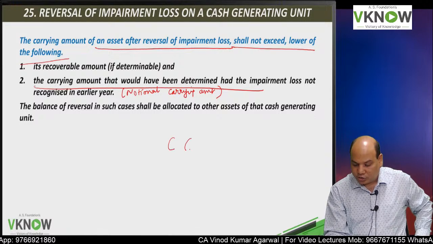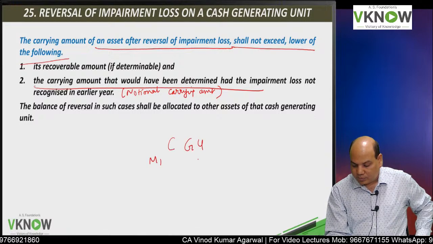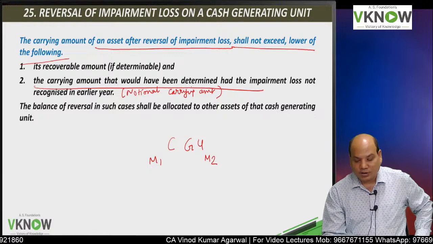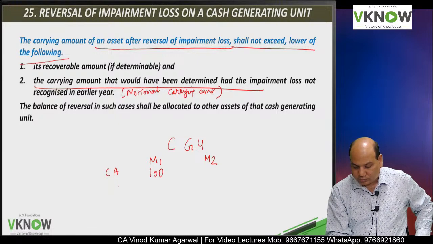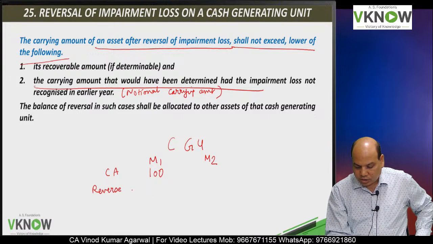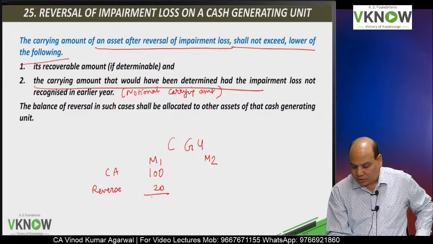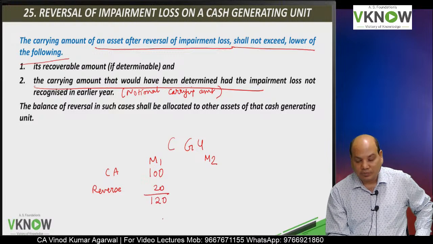In case of CGU, suppose you have two or three assets, and the carrying amount is 100. I want to reverse 20, so after reversal it will become 120.